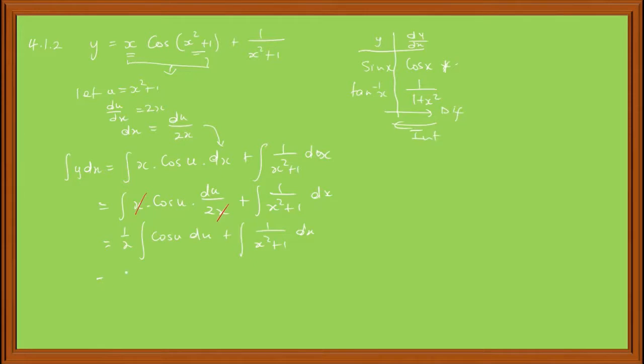So we say half. Before it becomes cos, it was sine x plus c. It is 1 over 1 plus x squared, then it becomes arctan of x plus c.